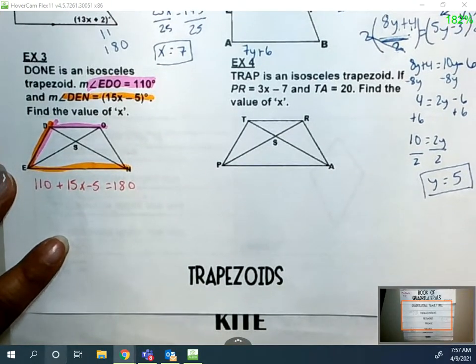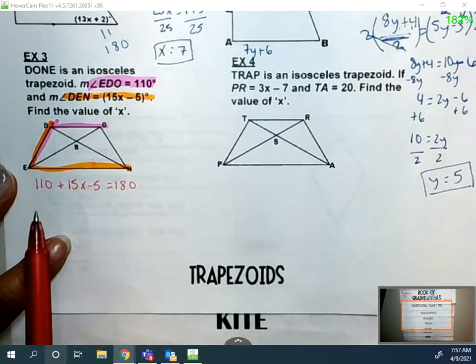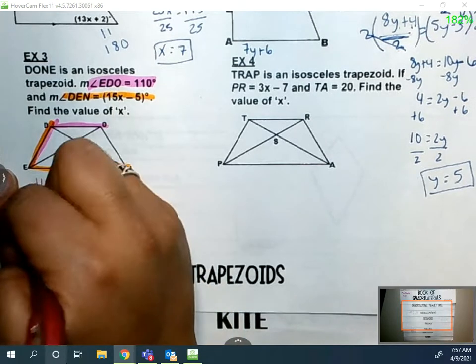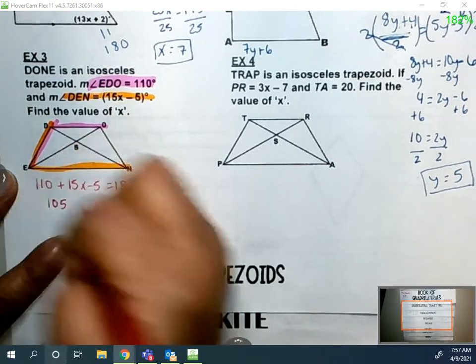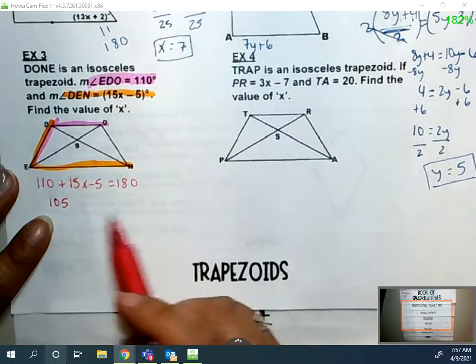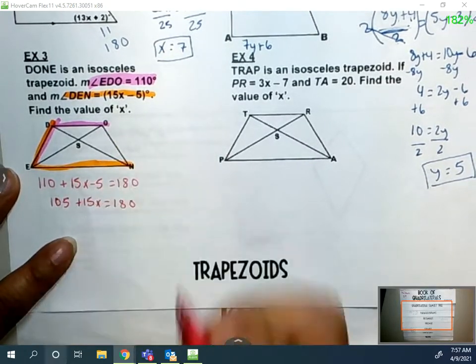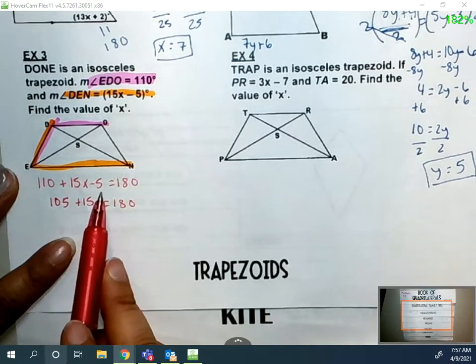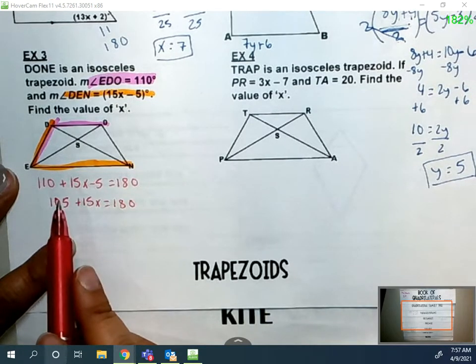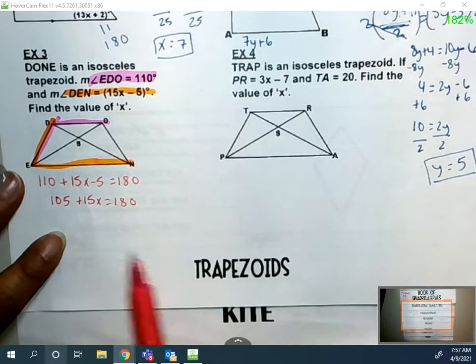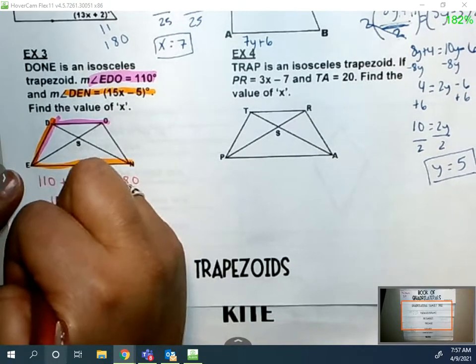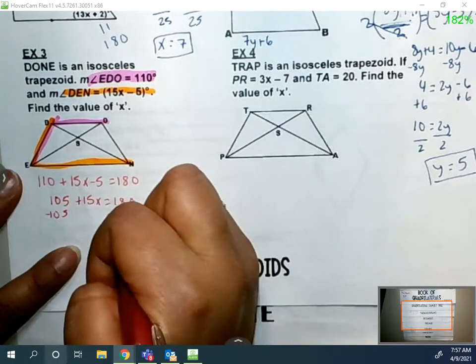We're going to combine our like terms. When I combine my like terms, what do I get on my left side? 105 plus 15x is equal to 180. 110 minus 5 is 105. Yes. Okay, now I want to get x by itself. What do I do? Minus 105.